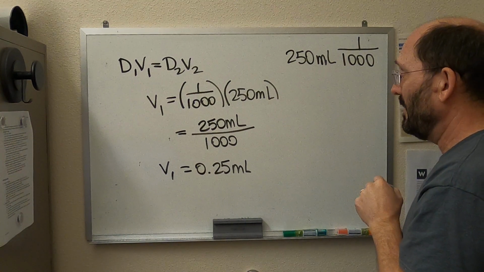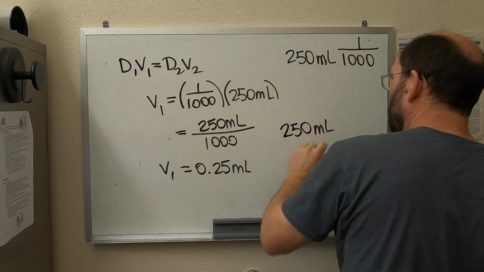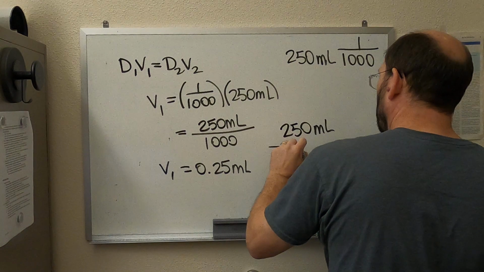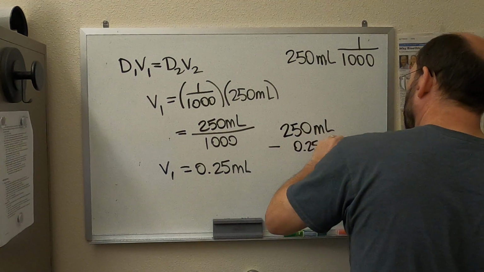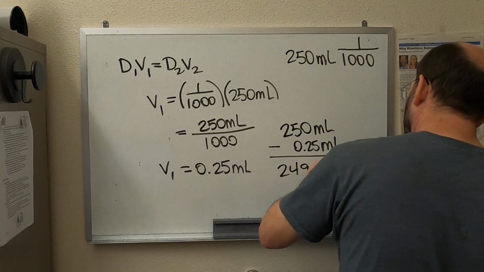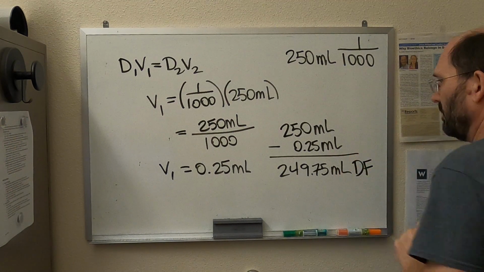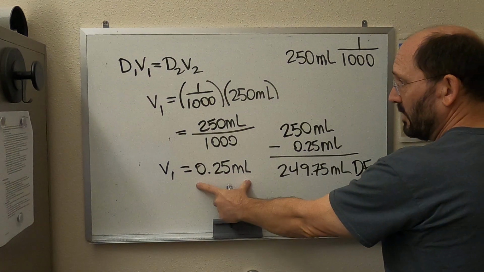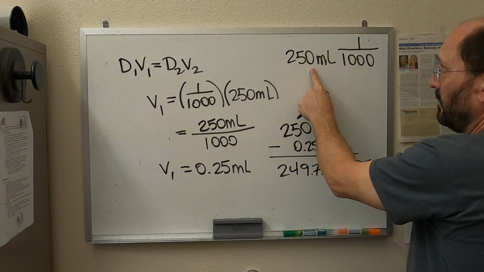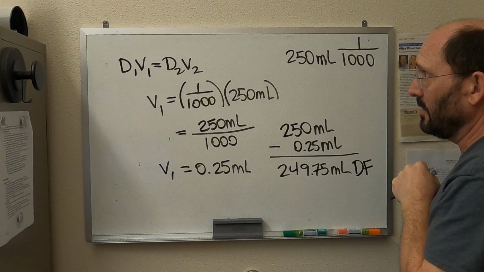Well, the amount of diluting fluid we need to add is our final volume, 250 milliliters, minus our V1, 0.25 milliliters, which is 249.75 milliliters. So we're going to need 249.75 milliliters of diluting fluid, to which we will add our 0.25 milliliters of our stock solution. That will give us a final volume of 250, and therefore we will have our 1/1000 dilution at the end.